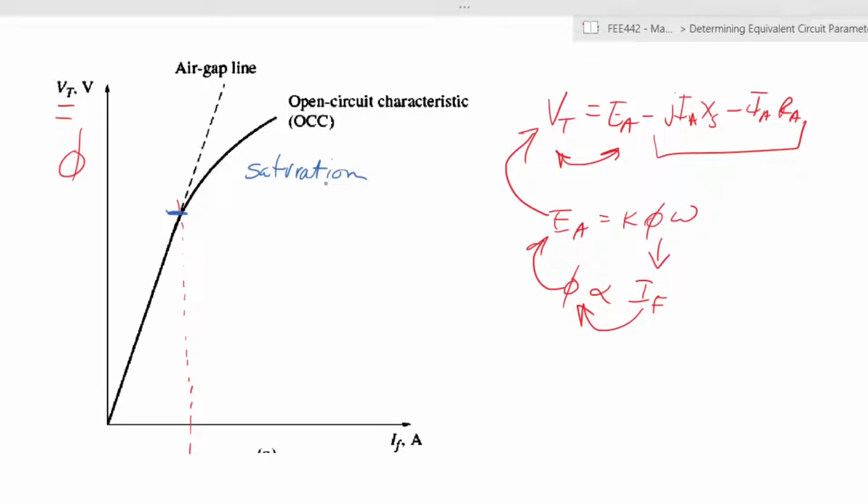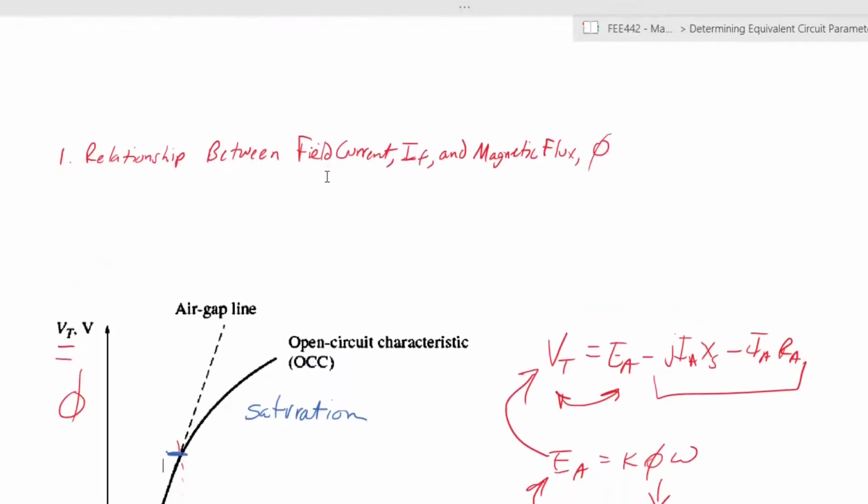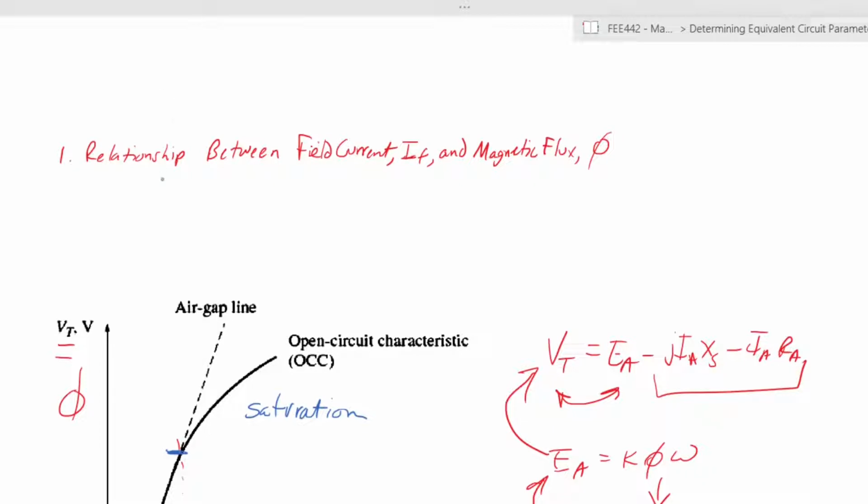Now, in order to determine and to obtain this characteristic within test parameters, we would disconnect all loads from the generator. That's number one. So that means in order to determine this, it is a no load test.